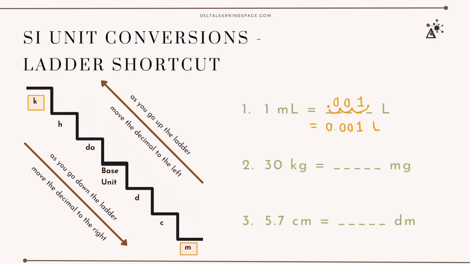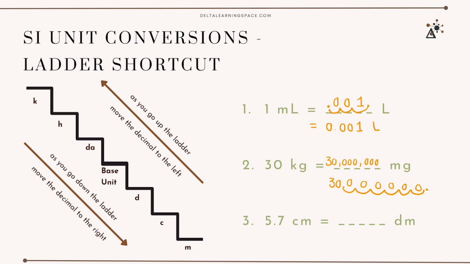And we will have to move our decimal place 6 steps to the right. 1, 2, 3, 4, 5, 6, and fill in our placeholder zeros. So 30 kg is going to be equivalent to 30 million mg.